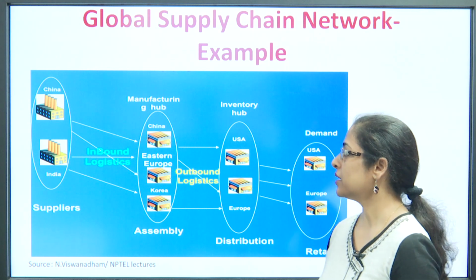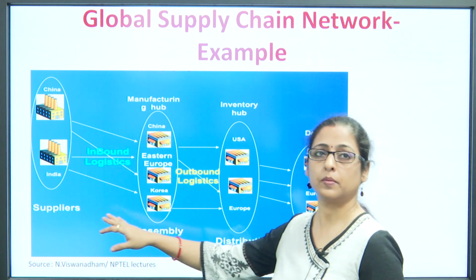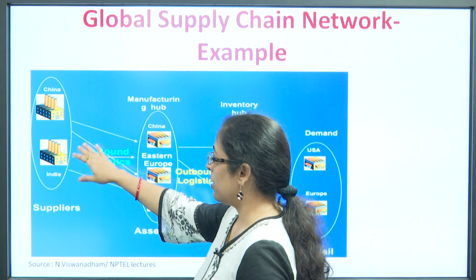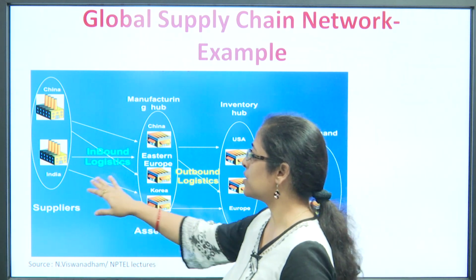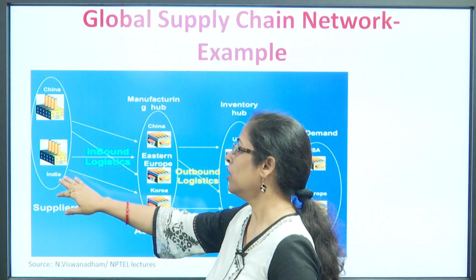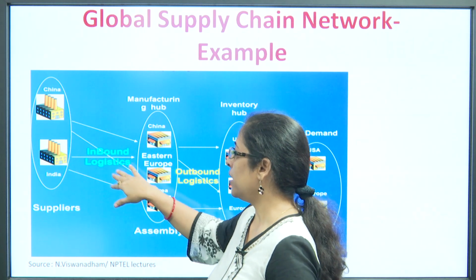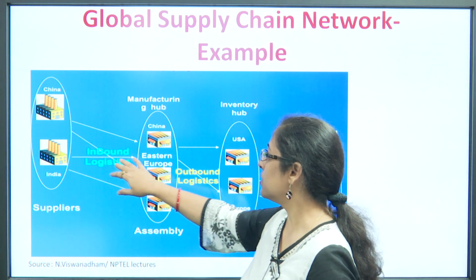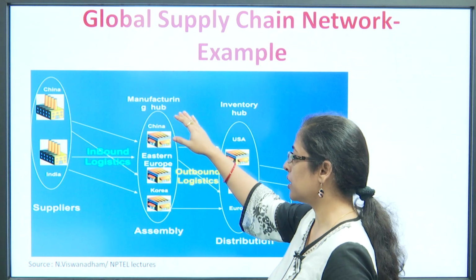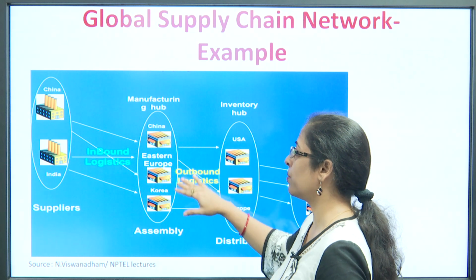Over here we can see that I have taken a hypothetical example, where I have shown that there are two countries, let us say India and China, who are providing certain kinds of raw materials to manufacturing hubs which are located in China, Europe and Korea.